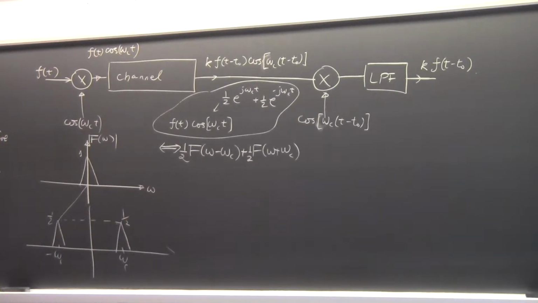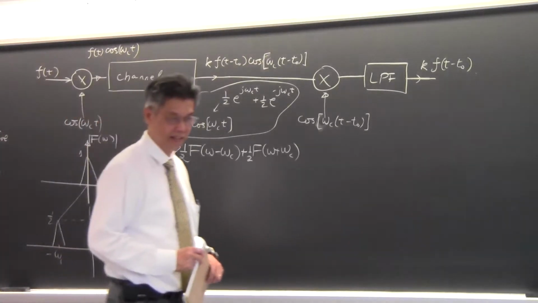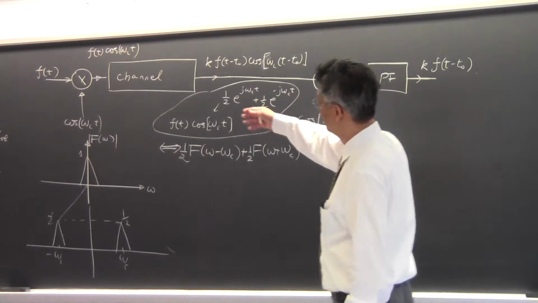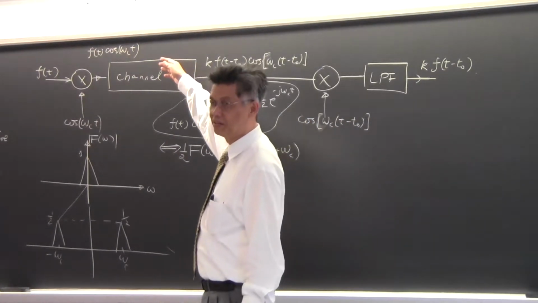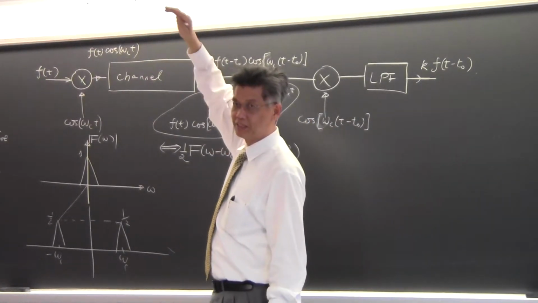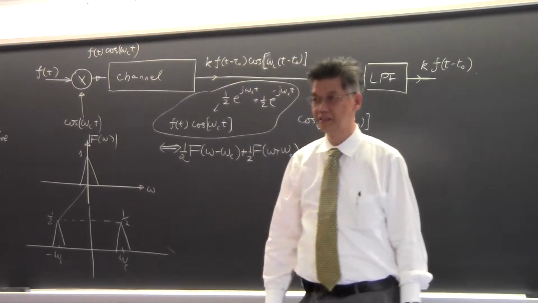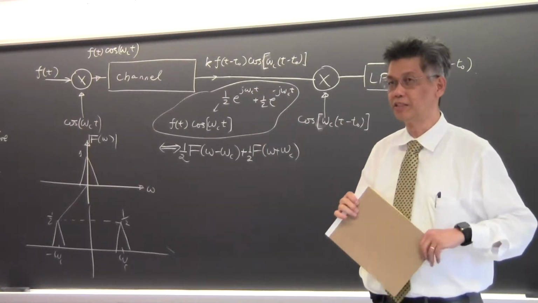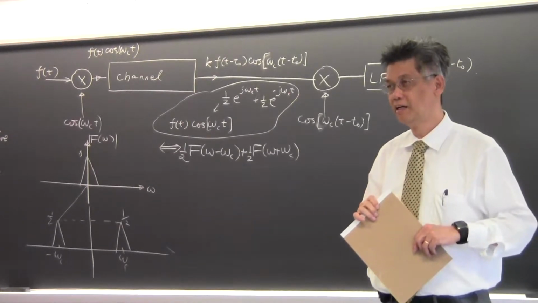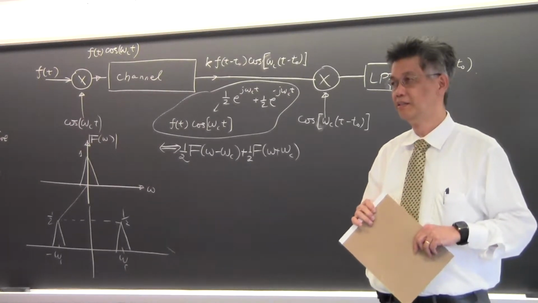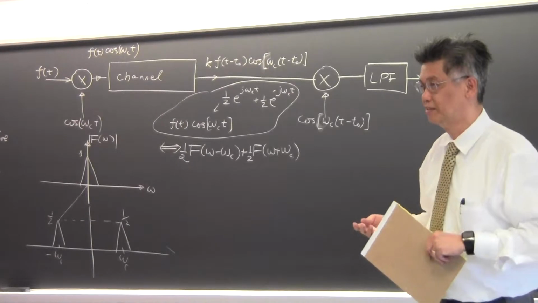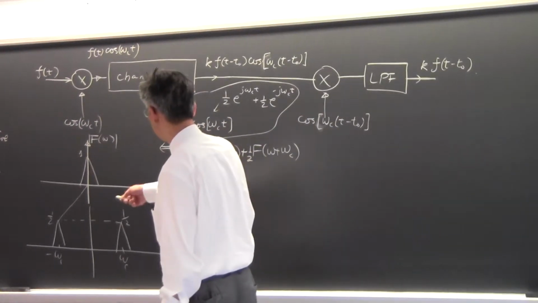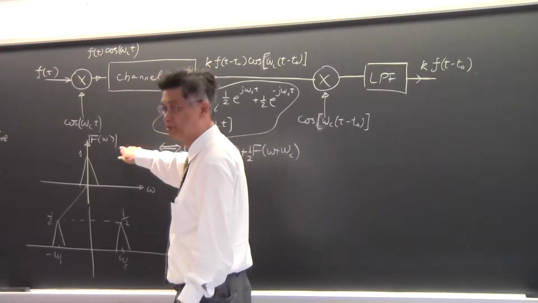Then of course if it gets delayed, what does delay do to a signal? If it goes through propagation from here to Chicago or from here to maybe downtown Champaign, you just get time shifting. What does time shifting do to the Fourier transform of a signal? You just add a phase shift. So we don't worry about the phase shift when we do this kind of plot, because we always do an amplitude plot.